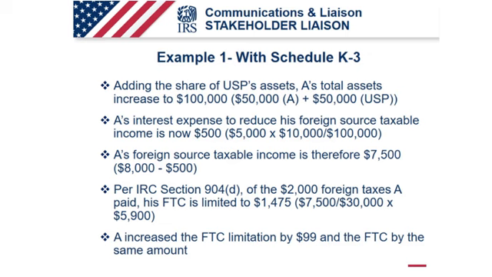As a result, when you multiply 5,000 times 10,000 over 100,000, the amount of interest expense that can reduce your foreign source taxable income is now only 500, as opposed to 1,000, which we calculated before. So if less interest expense is being allocated to reduce your foreign source income, you will have higher foreign source income. Therefore, A's foreign source taxable income is now $7,500 instead of $7,000, which is $8,000 minus only $500 of interest expense.